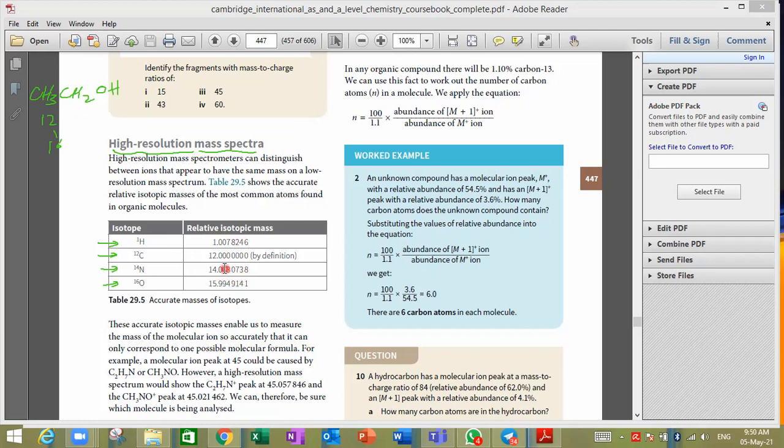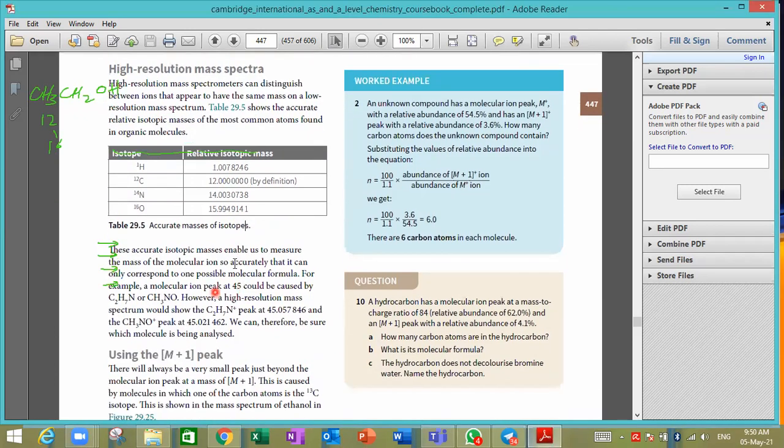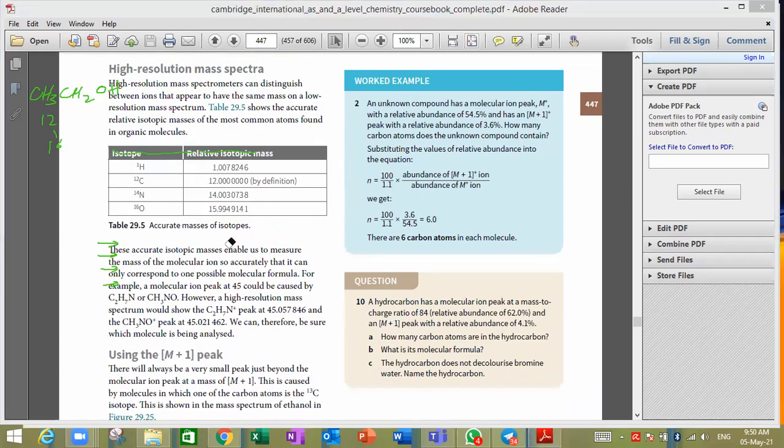So for example, if we have two molecules, like C2H7N and CH3NO. If we use the low resolution mass spectrometer, then for C2H7N, it's 24 plus 7 plus 14, so it's 45.